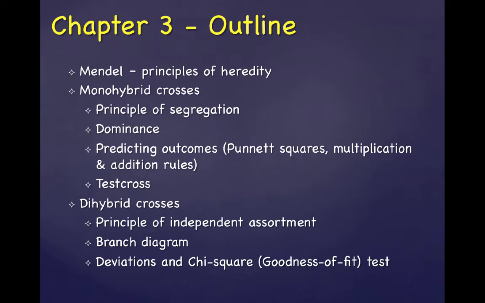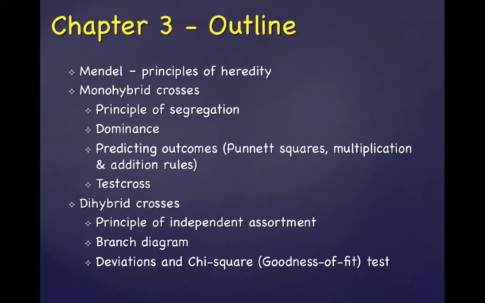So within monohybrid crosses, we're going to look at dominance and recessive traits, genotypes versus phenotypes, and then we're going to spend quite a bit of time talking about probability and how to predict outcomes if certain genotypes are paired up. Then, toward the end of this lecture, we're going to talk about dihybrid crosses and how the principle of independent assortment actually came about.